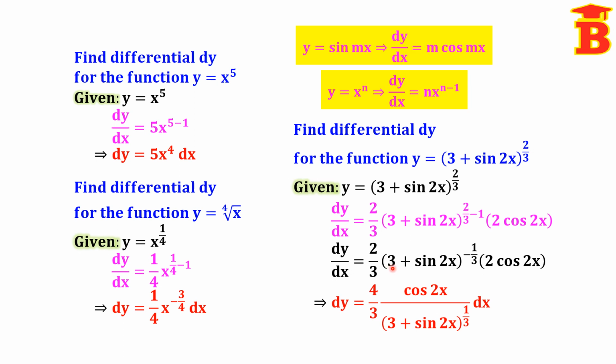See that here we have bracket whole power minus 1 by 3. If we bring it down, it will become power plus 1 by 3. And left side we have dy by dx. So cross multiply this dx right side. So therefore dy equal to 4 by 3 into cos 2x divided by bracket whole power 1 by 3 into dx.